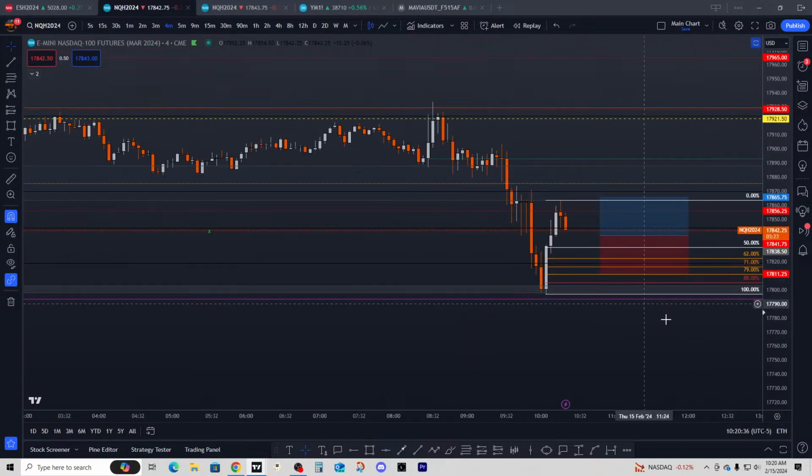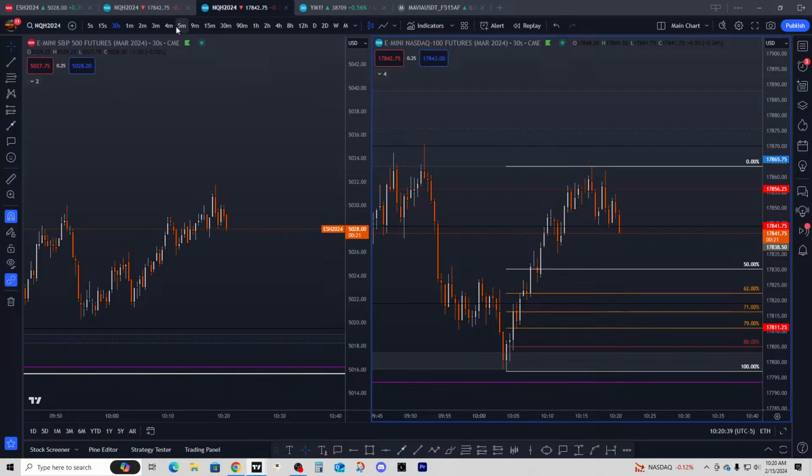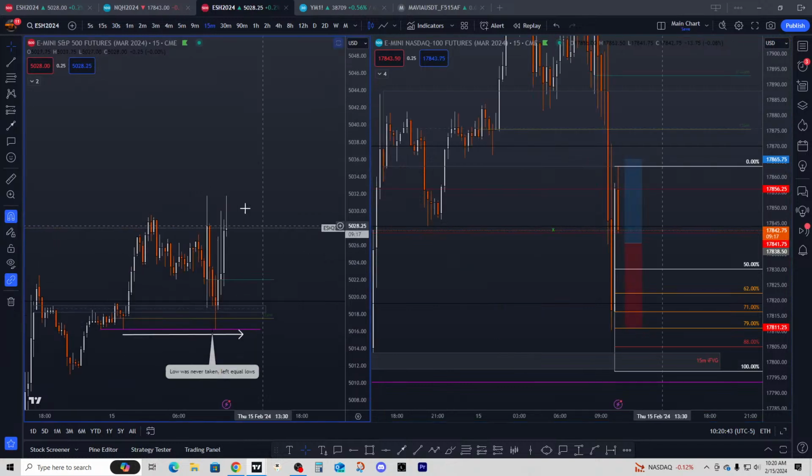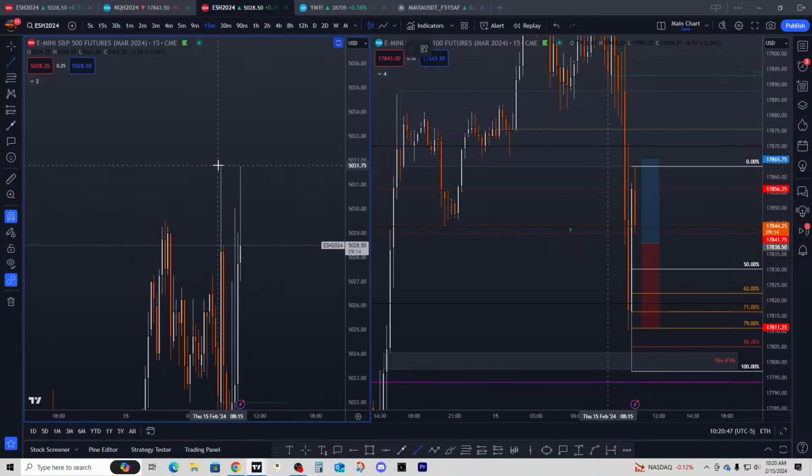Let's see what happens. They could always just fold right back down, keep going lower. Oh, we did not hit that high. That's crazy.